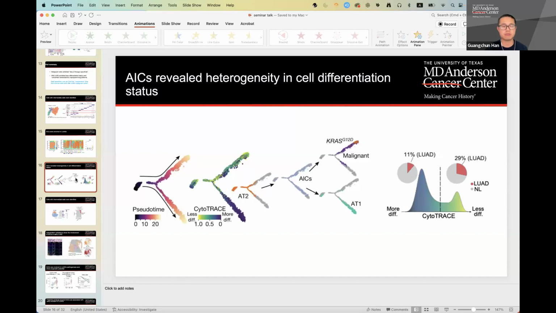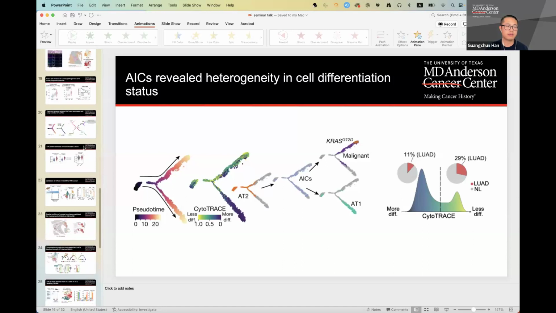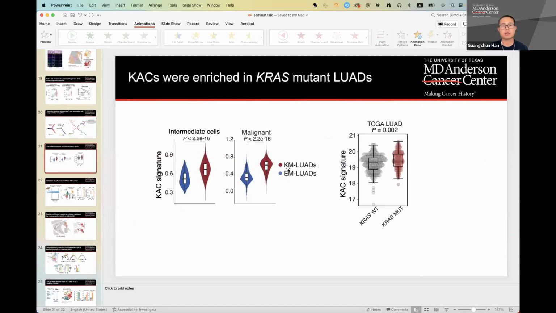We compare them with KRAS. So we do observe CAC cells in EGFR mutant samples. And second, as I showed you, and you also mentioned, the CAC signature score was decreased when we compare the EGFR ones with the KRAS mutant ones.